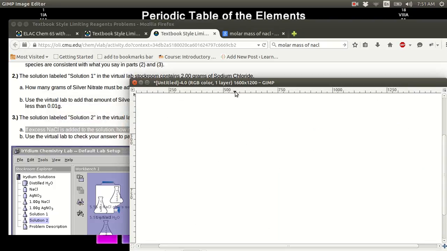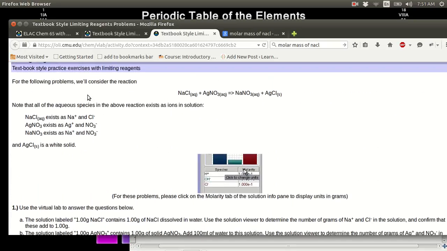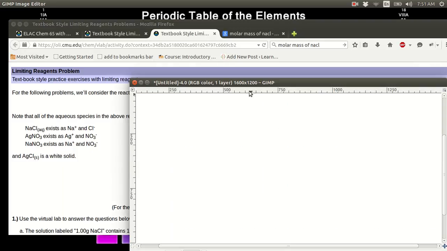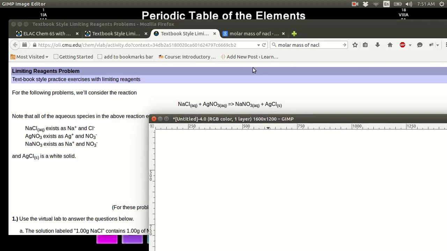So you will use the chemical equation, and if you have 3 grams of that AgNO3, then how many grams of that AgCl can you form? Okay, you will do that calculation.